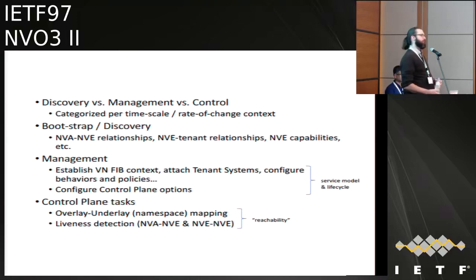Overlay in the simplest form with respect to the NVO3 context is VLAN. You extend the VLAN. How you configure that extended VLAN across this network, which is heterogeneous, spans a bunch of data centers, core network, and so forth. Configuring that VLAN requires both management and control plane functionality. That's the scope. That's between NVA and NVE.